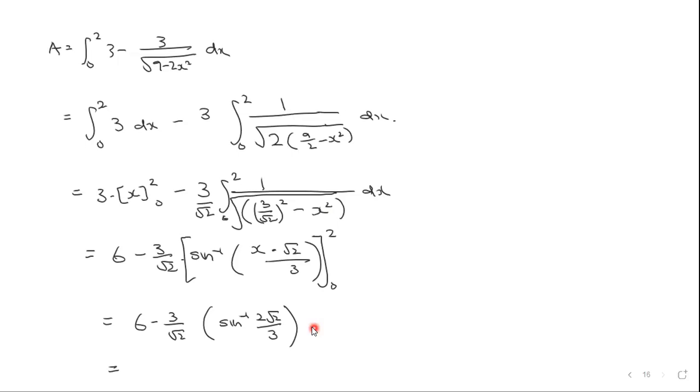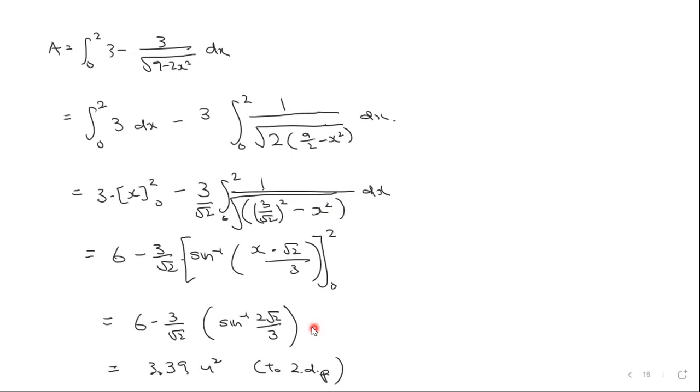That gives you an answer of 3.39 u squared to 2 decimal places.